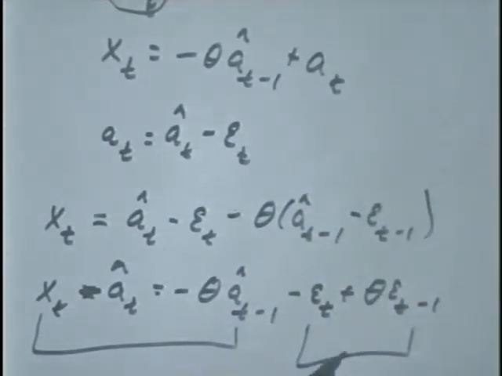This procedure can be iterated. And we can obtain again the TLS estimate for the parameter theta. And that's how I have proceeded.